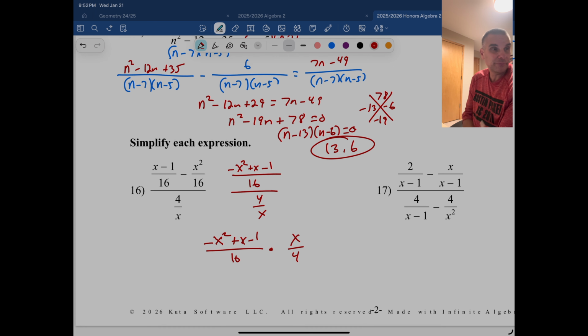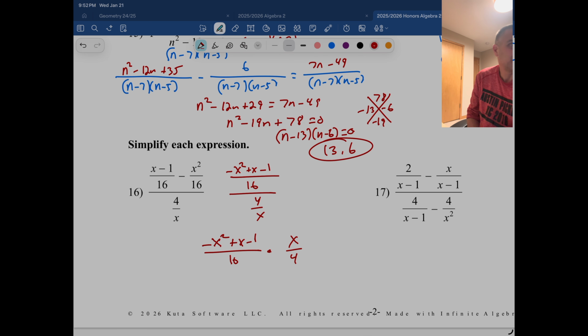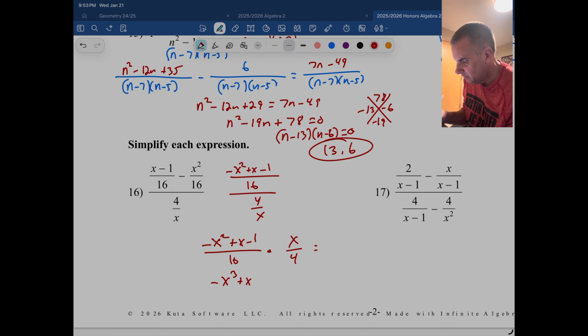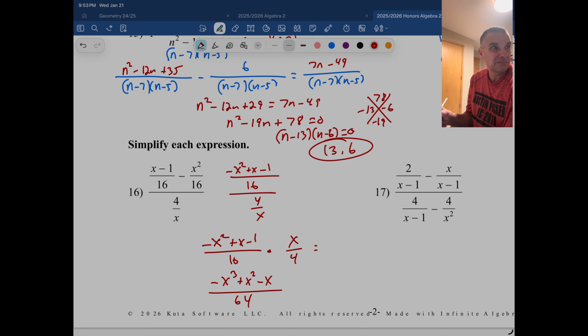I don't think so. Let me do that. So that's negative x cubed plus x squared minus x over 64. Yippers.